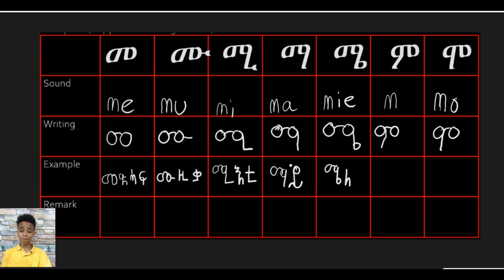It's now time for the sixth letter, which is me. And our example for our sixth letter is going to be Mibraq.